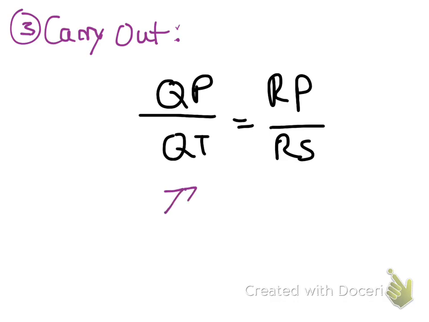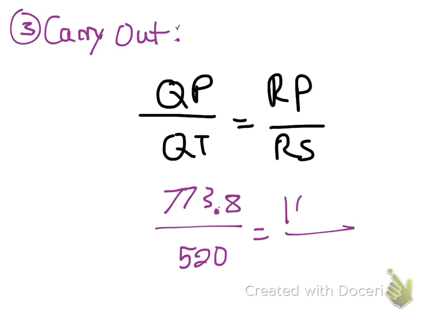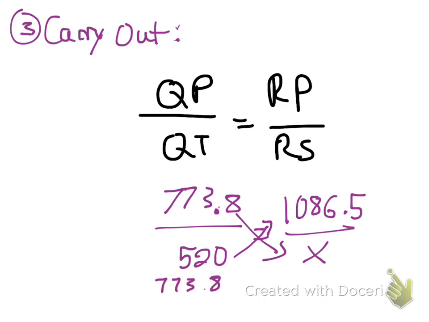So I can plug in what I know, 773.8 over 520 equals RP is 1806.5 over X. I can solve this proportion by cross multiplying. Write out my cross product, 773.8X equals 1806.5 times 520.